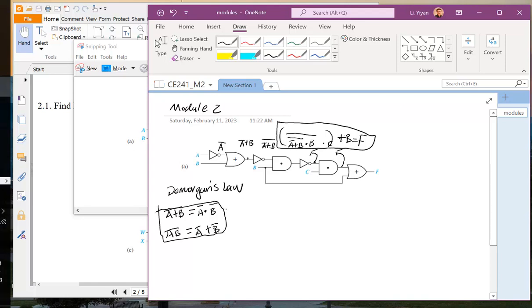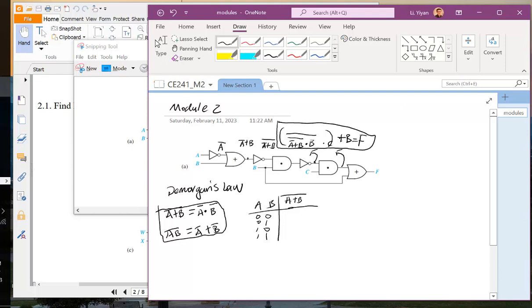If you want to verify, it's very simple as well. Let's just have a truth table listed, and for A and B, these two signals, you have these many possible combinations. Now let's compare.